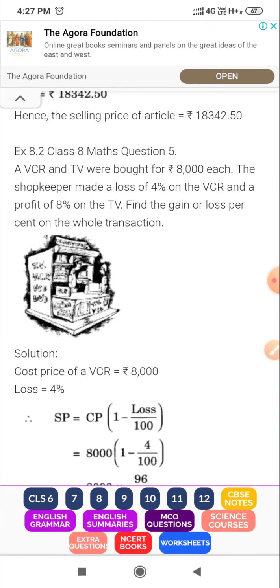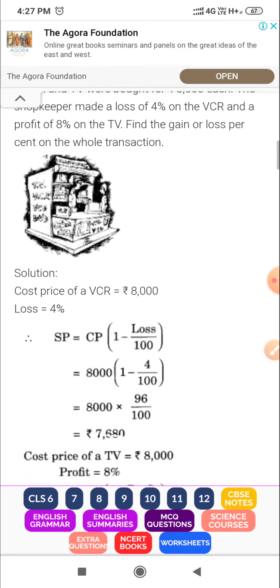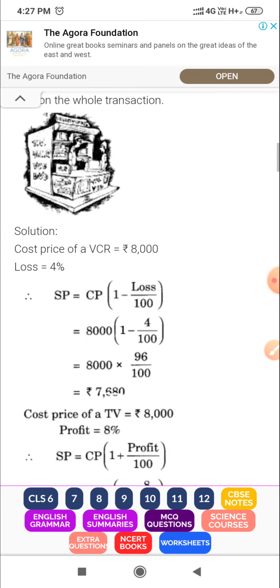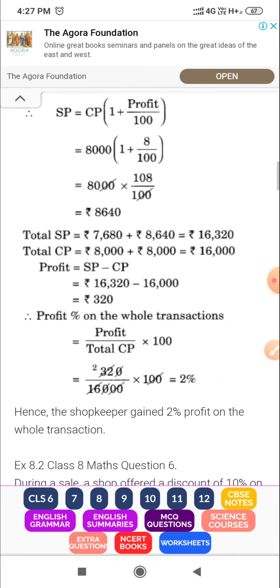Now it is asked in this question to find the gain or loss percent on the whole transaction. To find the gain or loss percent in the whole transaction, first we have to find out the total SP and total CP.